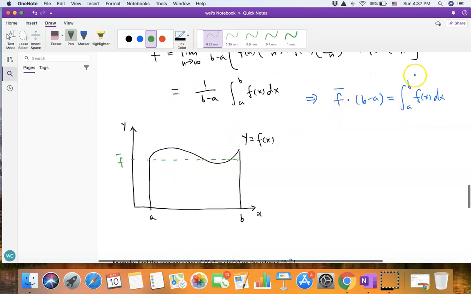Then this equation tells us the area of the region bounded by this curve is equal to the area of a rectangle.